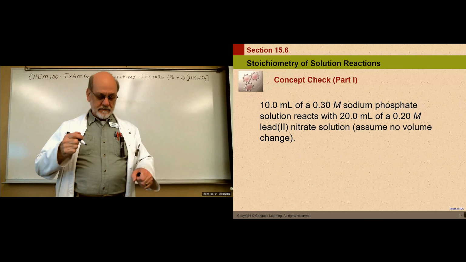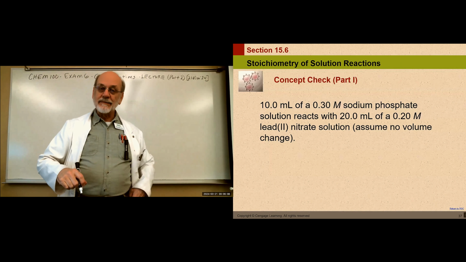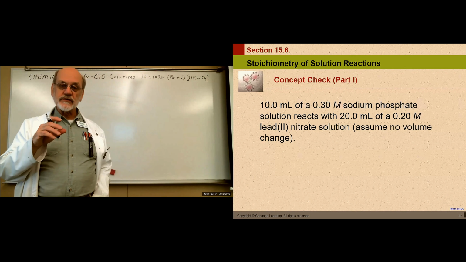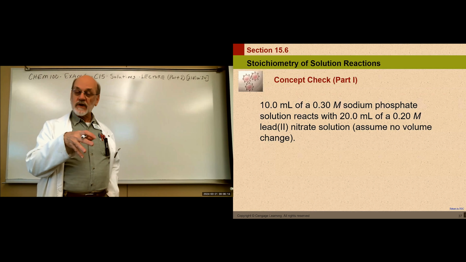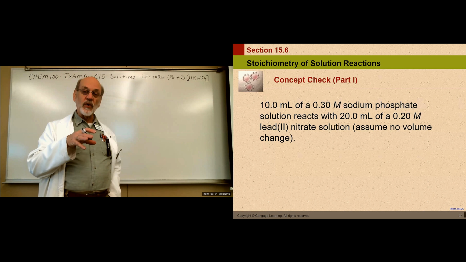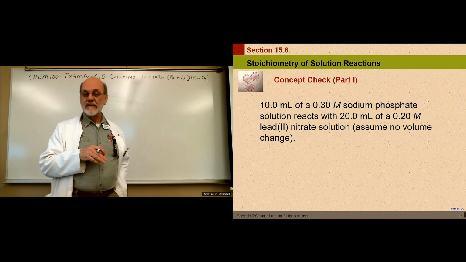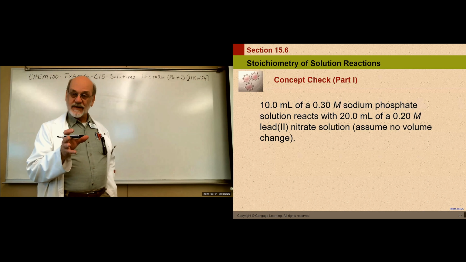So let's take this problem. 10 milliliters of 0.3 molar sodium phosphate solution is reacted with 20 milliliters of 0.2 molar lead(II) nitrate solution. Okay. And what that last statement means, assume no volume change.